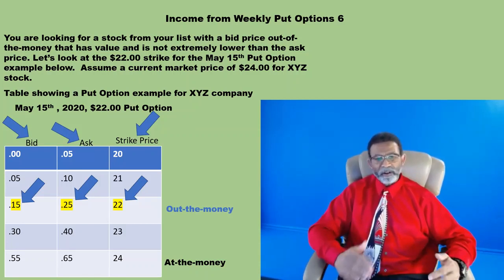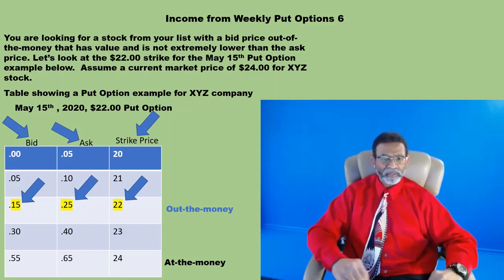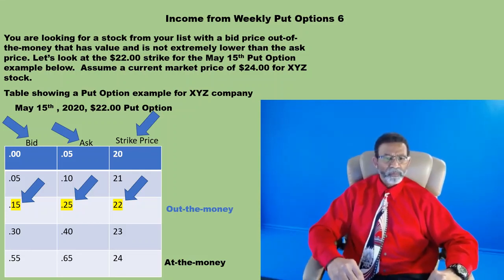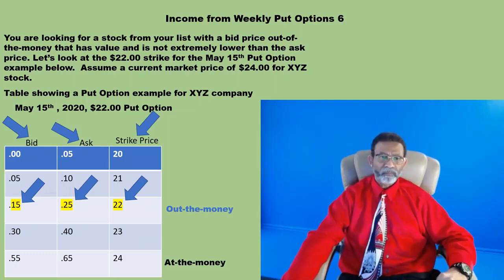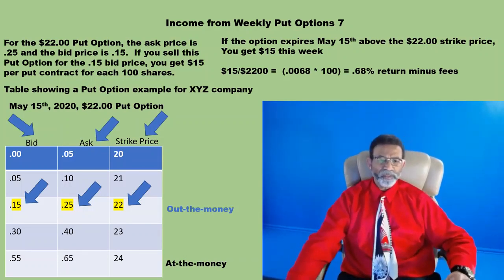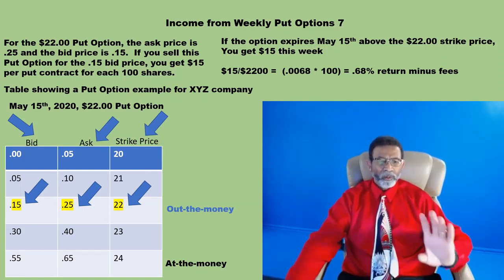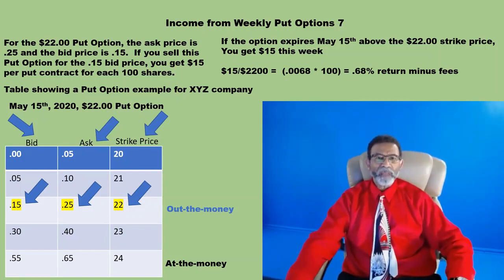Notice where the out of the money options are located, the strike prices are located. Okay, let's look at an example now that you've gotten familiar with how the representation of the tables for the different options can show up in your account, and you see the different values.